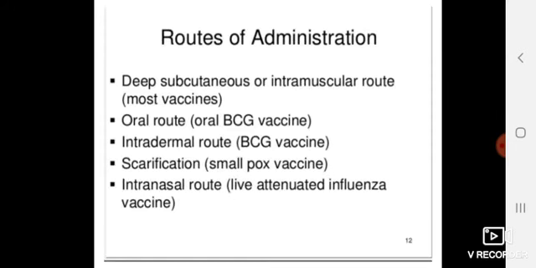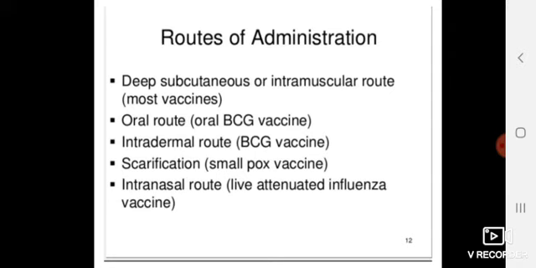Okay, then routes. Commonly the route is deep subcutaneous or intramuscular for most vaccines, oral, and intradermal for BCG, when BCG is administered at birth.